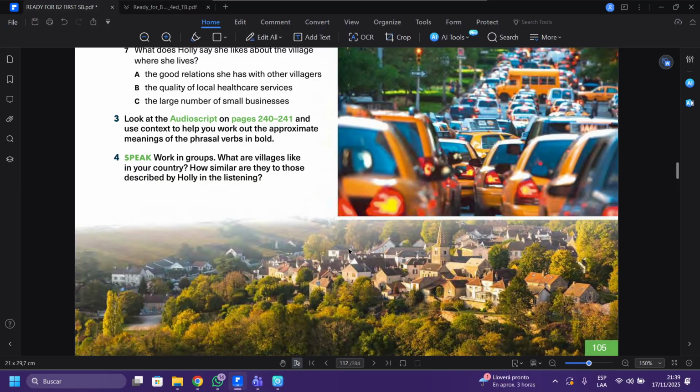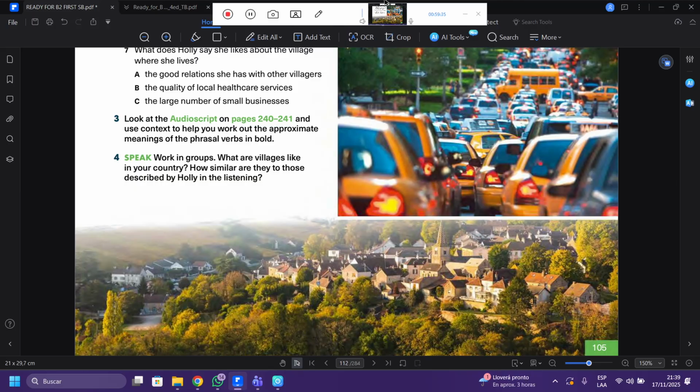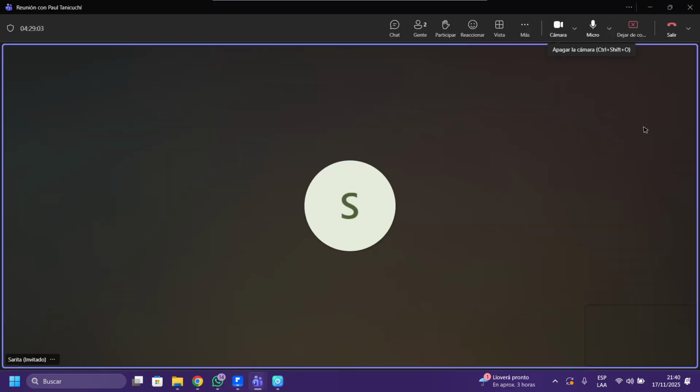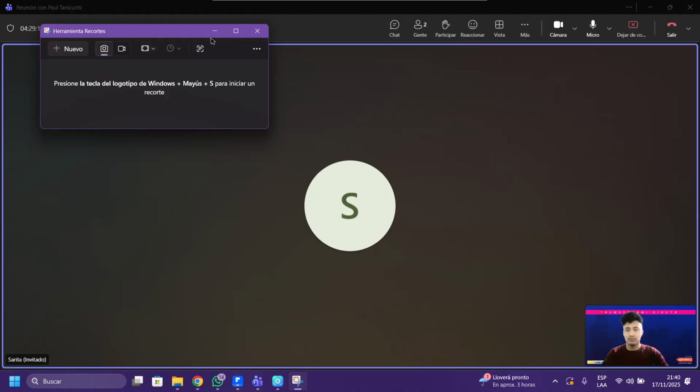Okay, for example, we have here a village in Cuenca. In Cuenca, there are a lot of places without stress. For example, in the streets and the avenues they have a lot of organization, many things that all of the country could copy, because that's very good.